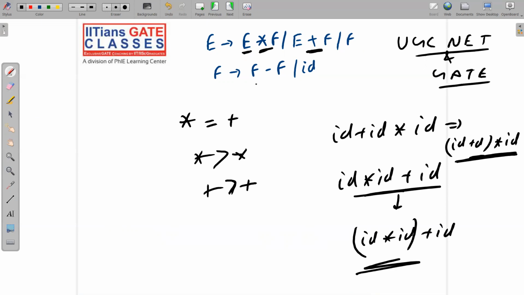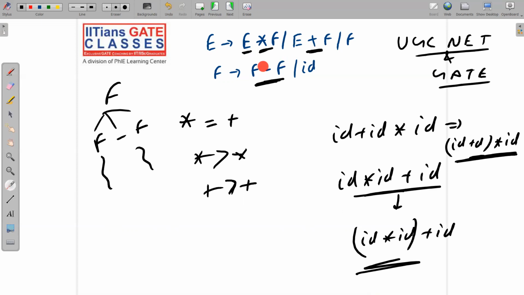And what about my minus? I cannot assign any associativity to minus because F goes to F minus F, this also and this also. Grammar is ambiguous. So I cannot say minus is left associative or right associative. Okay, according to the parse tree, we can design a parse tree according to the expression, and we can make it left associative also, right associative also.